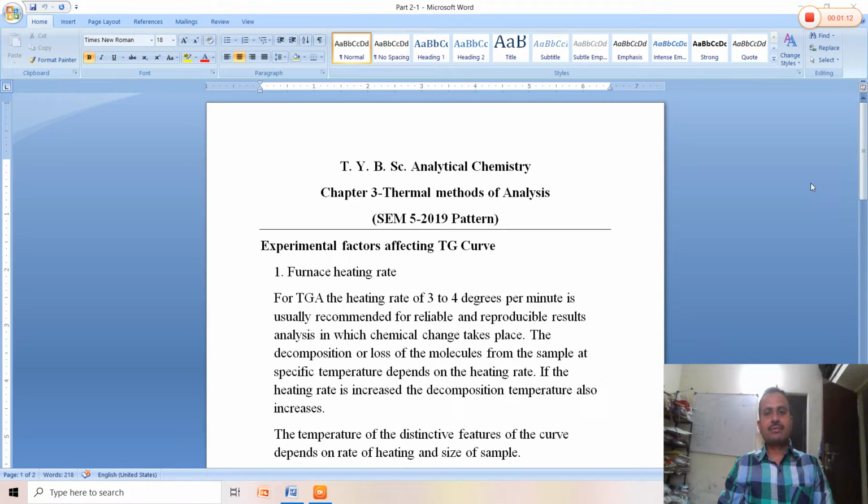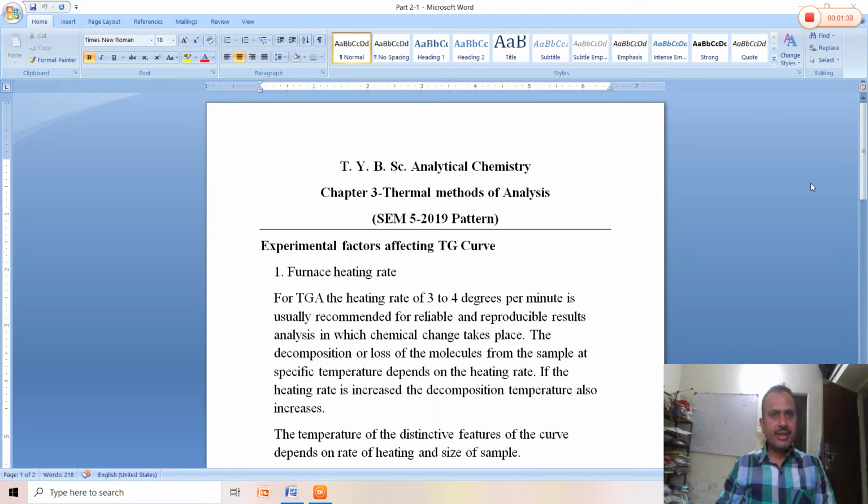Experimental factors affecting TG curve. The first factor is the furnace heating rate. For the TG curve, the heating rate should be maintained constant, at 3 to 4 degrees per minute. This is usually recommended for reliable and reproducible results in an analysis in which a chemical change takes place.